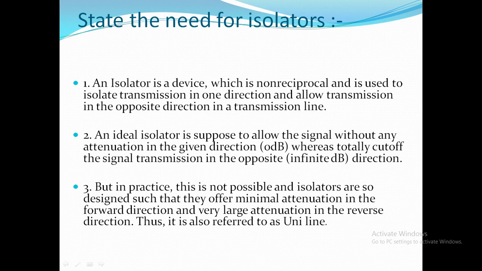An isolator is a non-reciprocal transmission device that is used to isolate one component in the transmission line. An ideal isolator completely absorbs the power for propagation in one direction and provides lossless transmission in the opposite direction. Because of this feature, it is called a uniline.